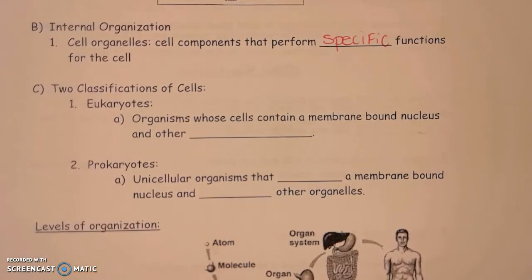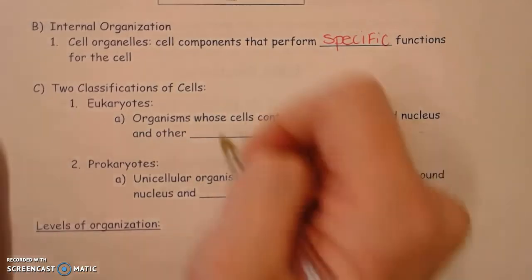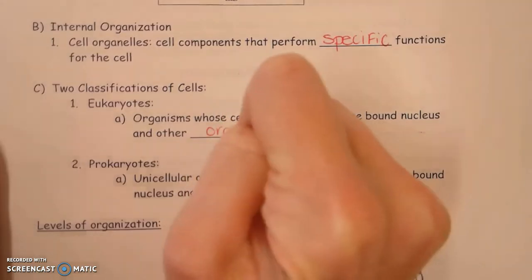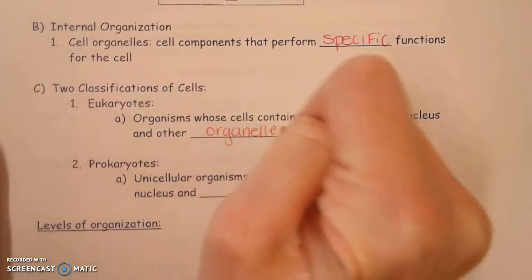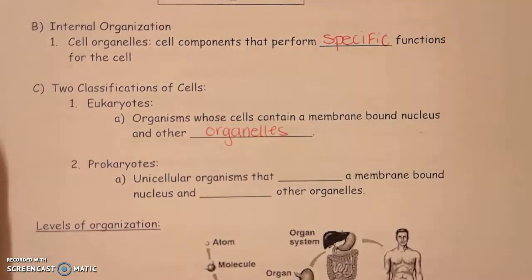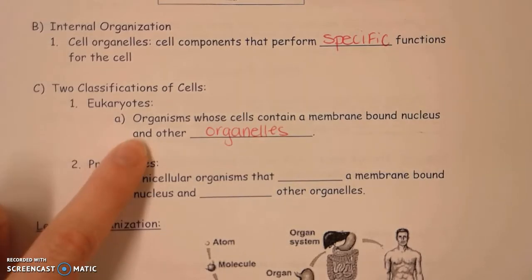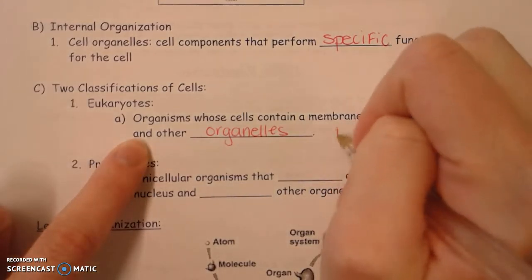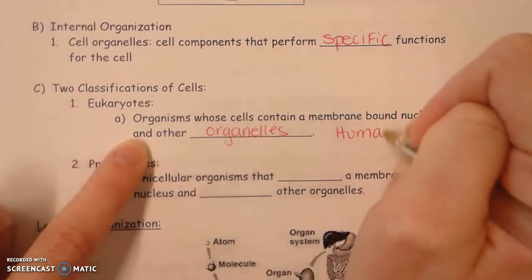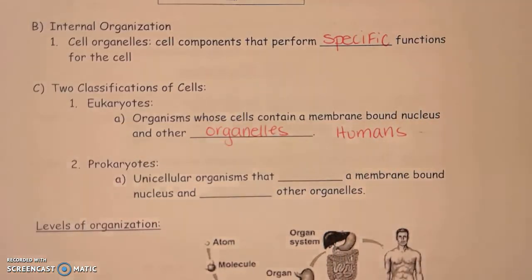These are organisms whose cells contain a membrane-bound nucleus and other organelles. So, an example of eukaryotes are humans, okay, anything, plants that have a nucleus that's covered with a membrane and other membrane-bound organelles.